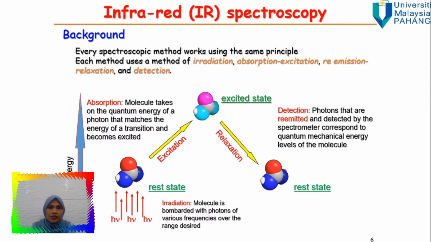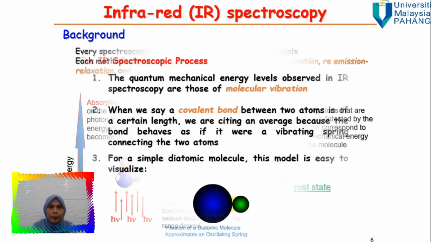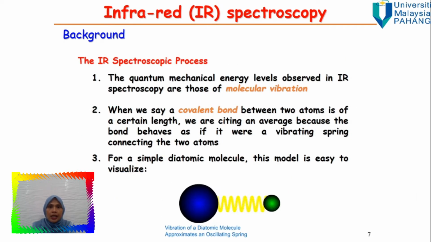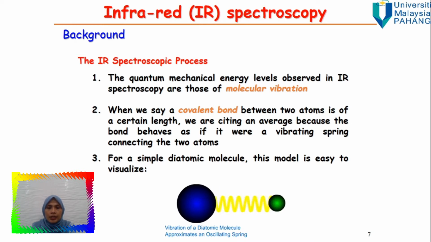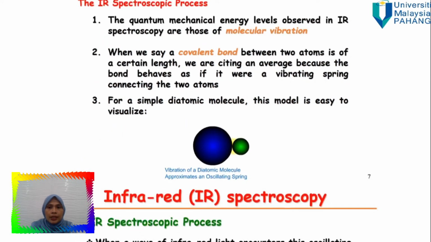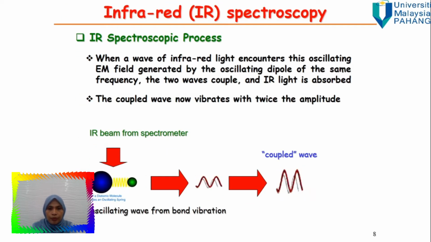From this relaxation, the signal will be detected. In the IR spectroscopy process, because of the change of the molecule vibration, it involves two waves from two different atoms, so the signal becomes a coupled wave, as shown in this figure.